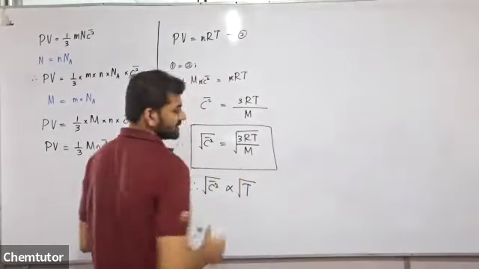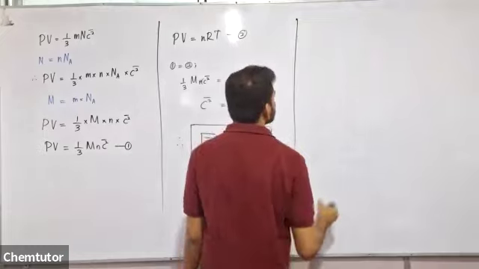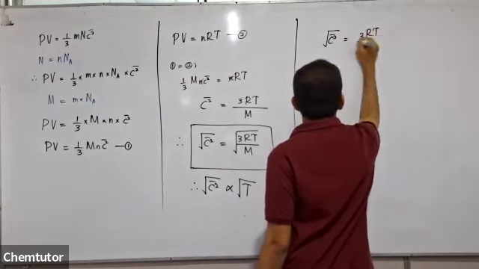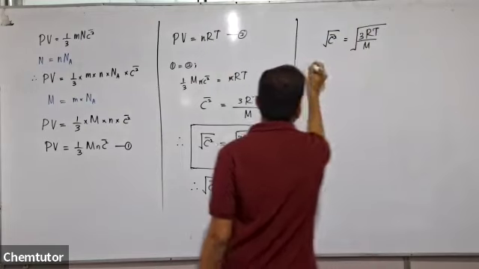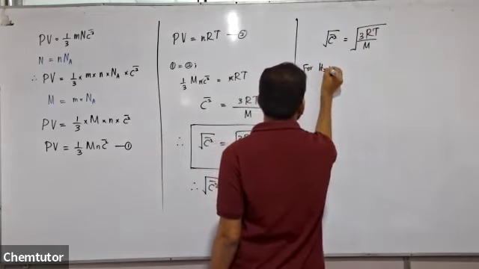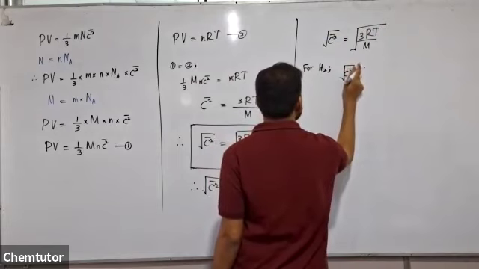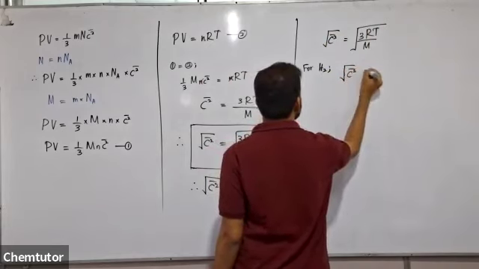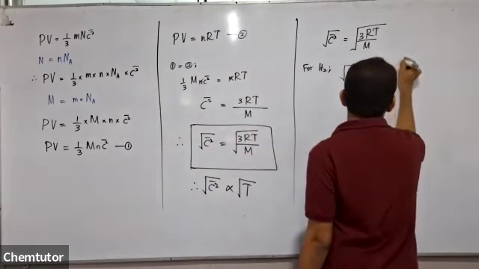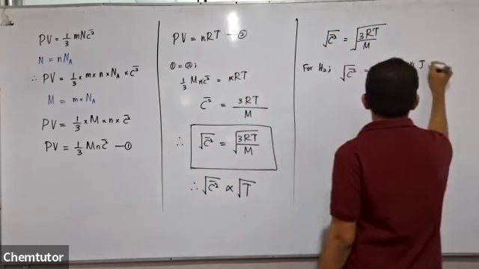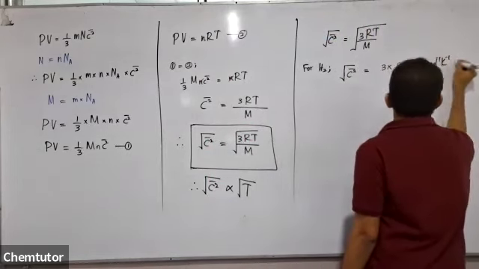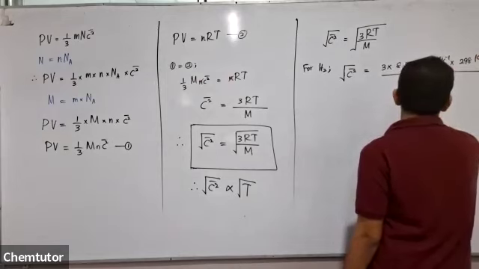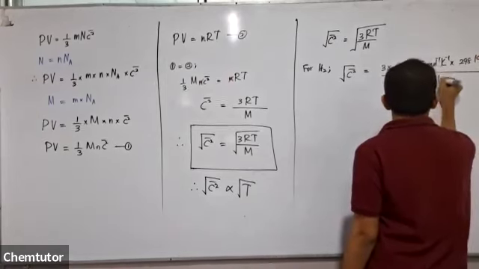So we can use this equation directly. Square root of c square bar equals the square root of 3RT over M. Then for hydrogen, the square root of c square bar is the square root of 3 into R, which is 8.314 joules per mole per Kelvin, into T, which is 25 degrees Celsius, that means 298 Kelvin, divided by the molar mass, which is 2 into 10 to the power minus 3 kilograms per mole.